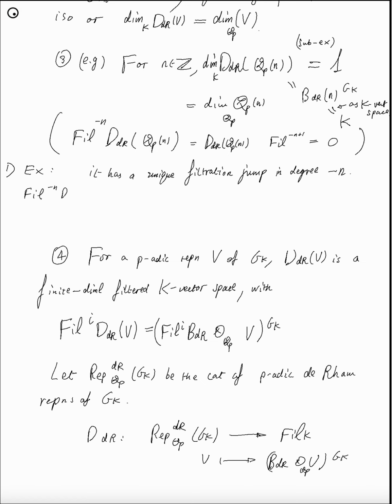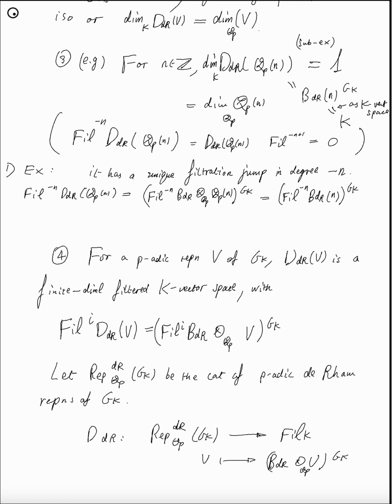Fil^{-n} D_dR of Q_p(n) would be just equal to Fil^{-n} B_dR tensored with Q_p(n), and then fixed by J_K, so this is just Fil^{-n} B_dR twist n, fixed by J_K.